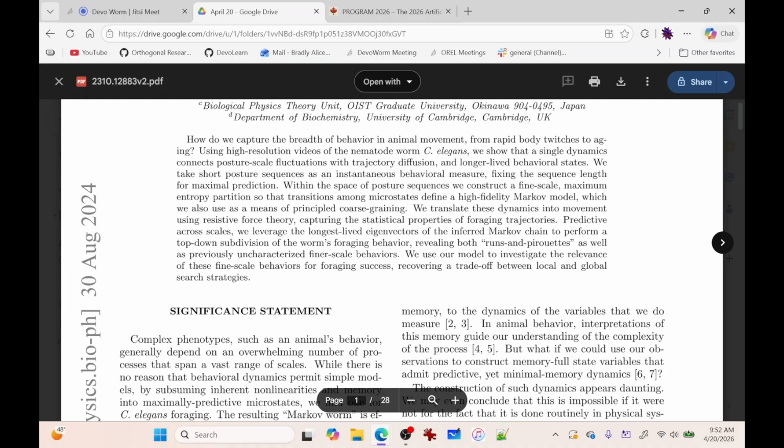So they're actually using eigenvectors of the Markov chain here too. They're working from this high dimensional data, and they're distilling it into these different mathematical constructs.